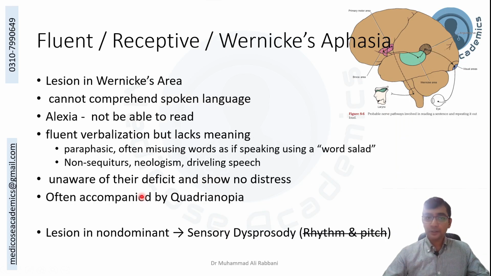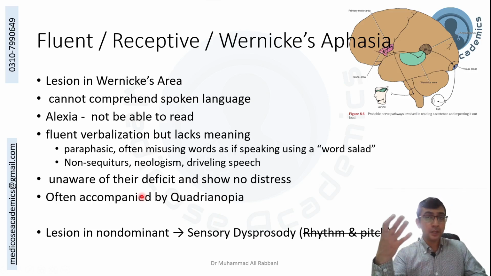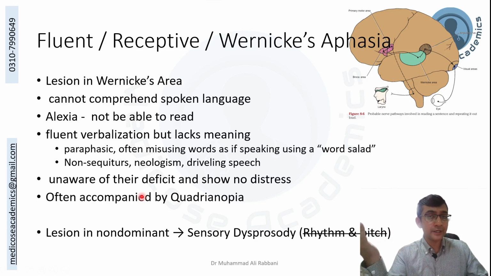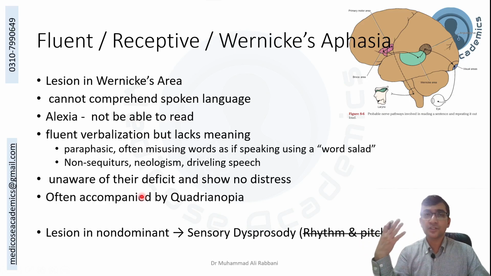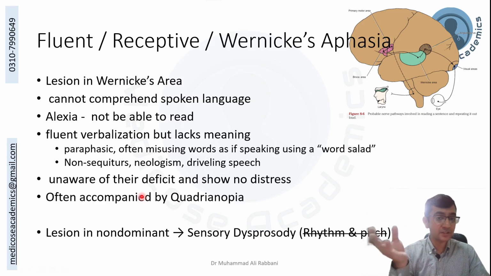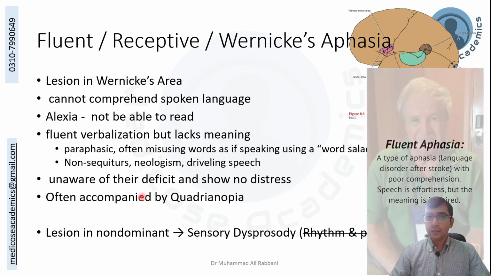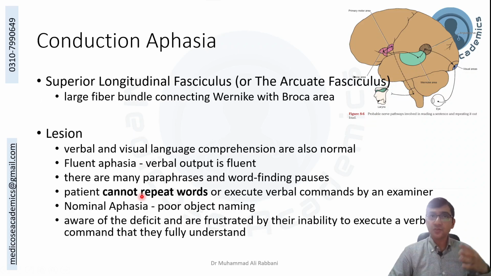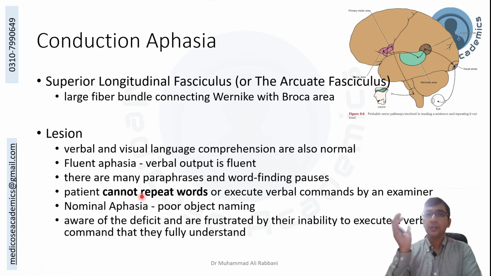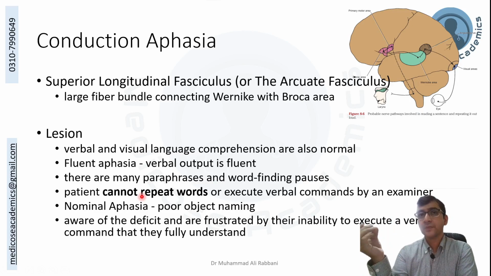In Wernicke's area damage, the person will not be able to understand the written or spoken language, will look at it or listen to it like something in a foreign language, and will speak fluently, but the fluent speech will not make any sense. In conduction aphasia, the speech will be like that of Wernicke's, fluent, making no sense, but comprehension will be okay like that of Broca's, because the areas themselves are okay. So comprehension of language, written and auditory, will be okay.